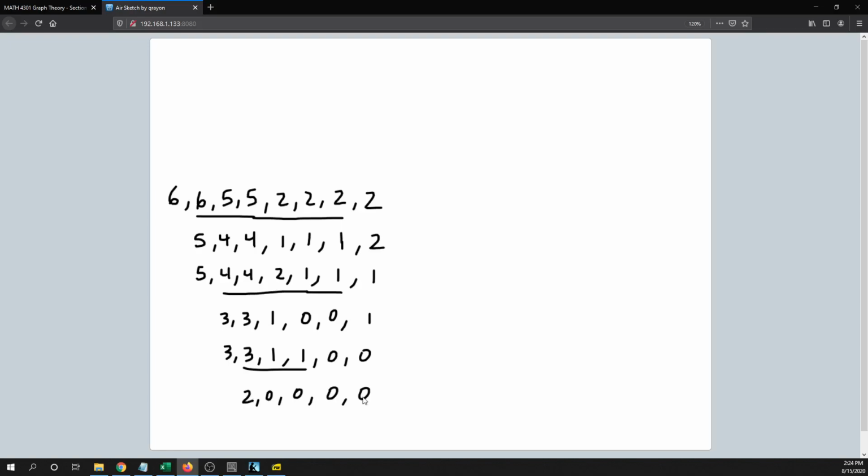They can't go to any other vertices, right? So these 2 edges coming out of this vertex, if they went to any of the other vertices, well, they wouldn't be 0. So there's no graph with this degree sequence right here. All right, so that means this sequence is not graphic, this sequence is not graphic, this one's not graphic, this one's not graphic, and so the original one is not graphic as well.